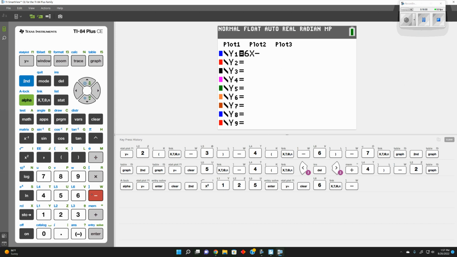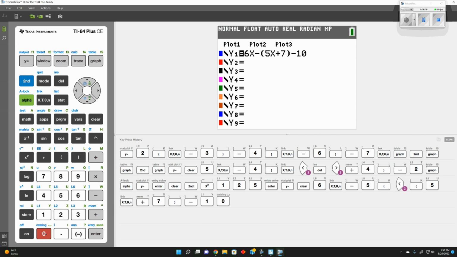I think it's 5 parentheses. Okay, so minus parentheses 5x, then plus 7, close parentheses, minus 10. And then we hit graph.